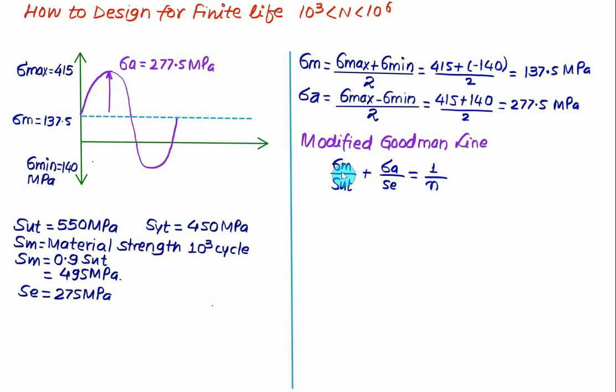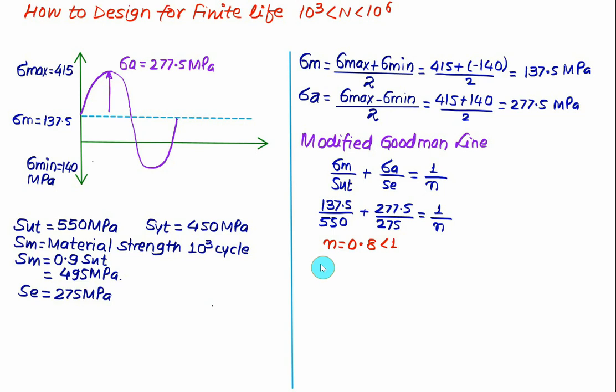We have mean stress 137.5, ultimate strength equal to 550, plus amplitude stress 277.5 and endurance strength equal to 275, equal to 1 upon n. So in this case we are getting the value of n equal to 0.8, which is less than 1. Since we have n equal to 0.8, the part will fail.